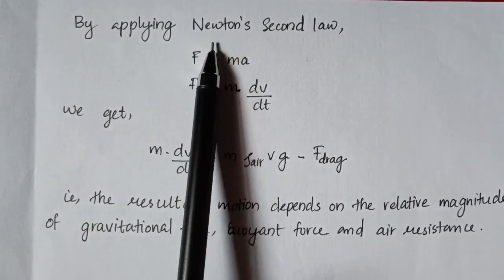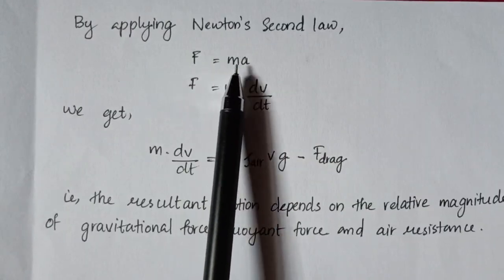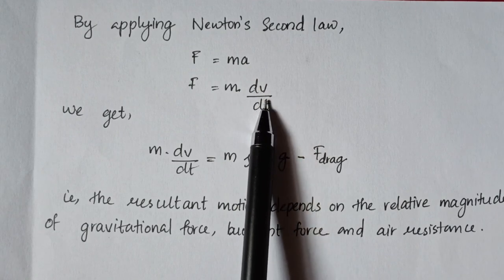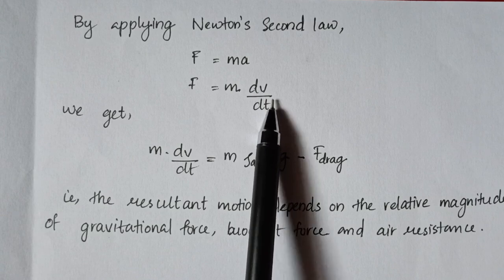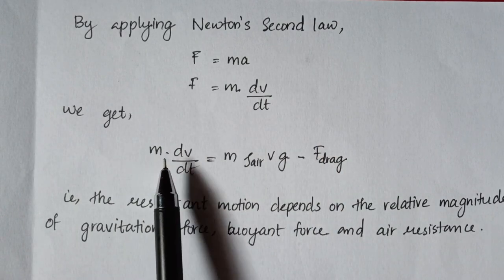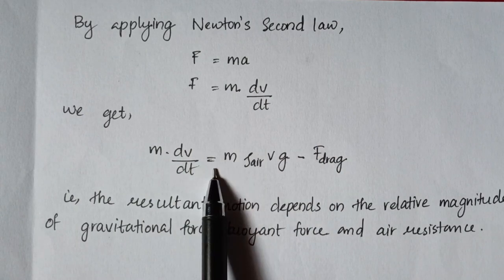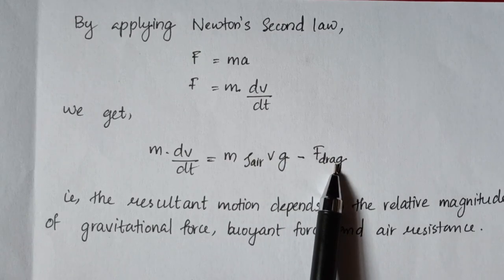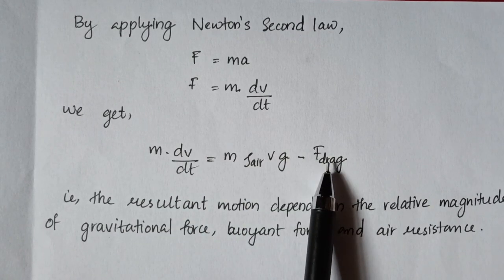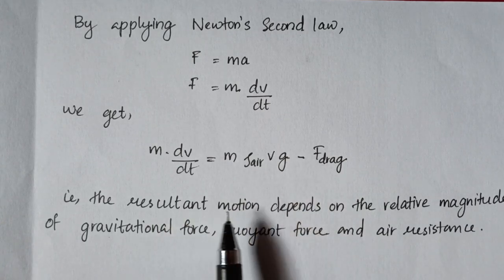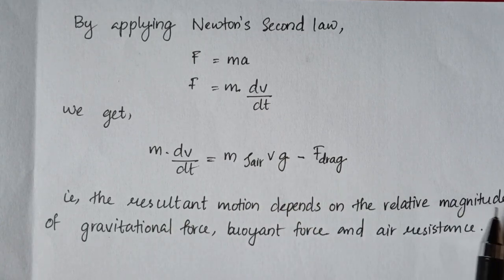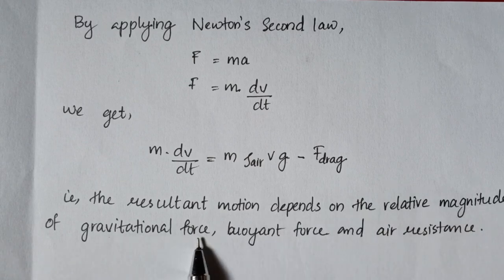By applying Newton's second law, F = ma, we know that acceleration is the first derivative of velocity. We get m dv/dt = mg - rho_air Vg - F_drag. This equation represents that the resultant motion of the free falling balloon depends upon the relative magnitude of gravitational force, buoyant force, and air resistance.